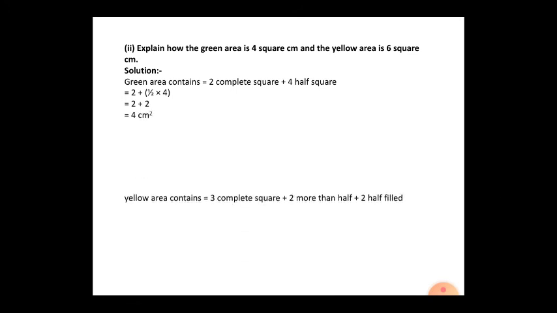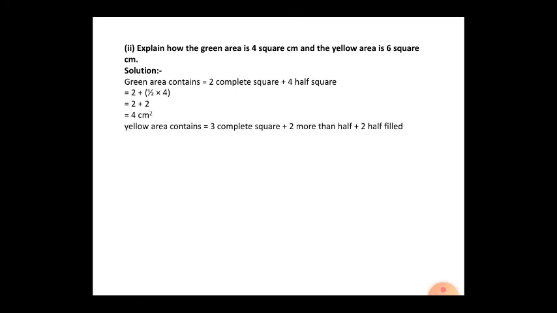Explain how the green area is 4 square centimeter and yellow area is 6 square centimeter. You can see green area contains 2 complete squares plus 4 half squares. So 2 plus 1 by 2 into 4, so it is 2 plus 2, it is 4 centimeter square.